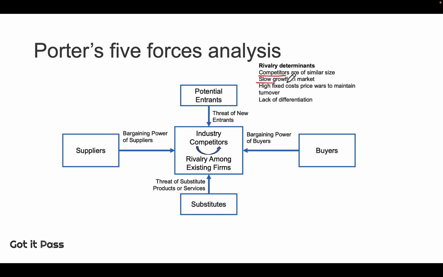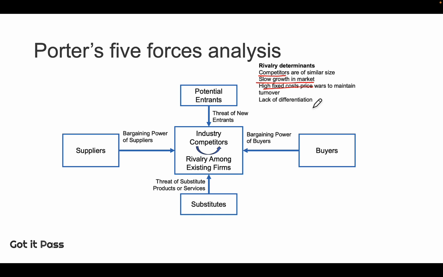And next is about the growth in the market. So when the market is expanding, the competitiveness of this industry or market is not that strong. But if it is growing very slowly, then the competition will be a bit severe. And fixed cost or investment: if there's a high fixed cost involved and there's price wars to maintain a turnover.